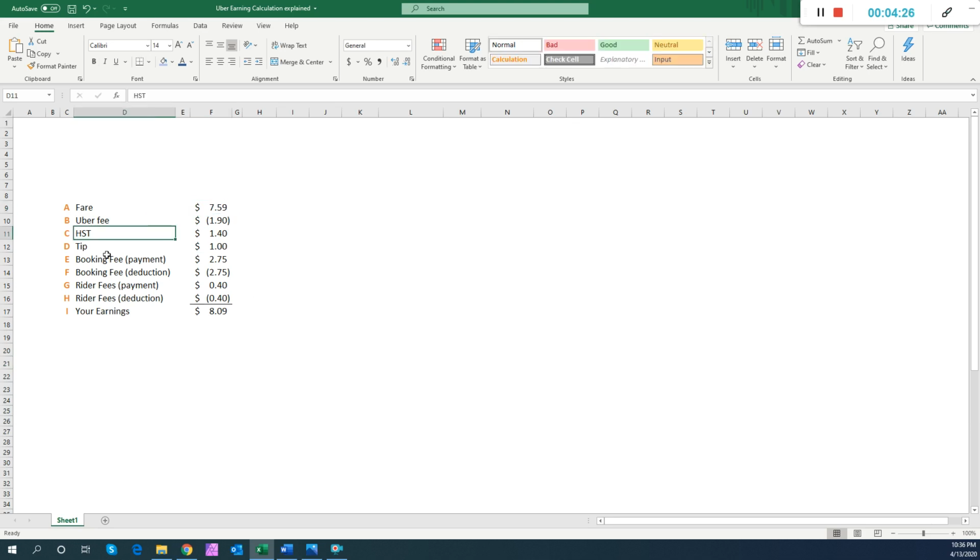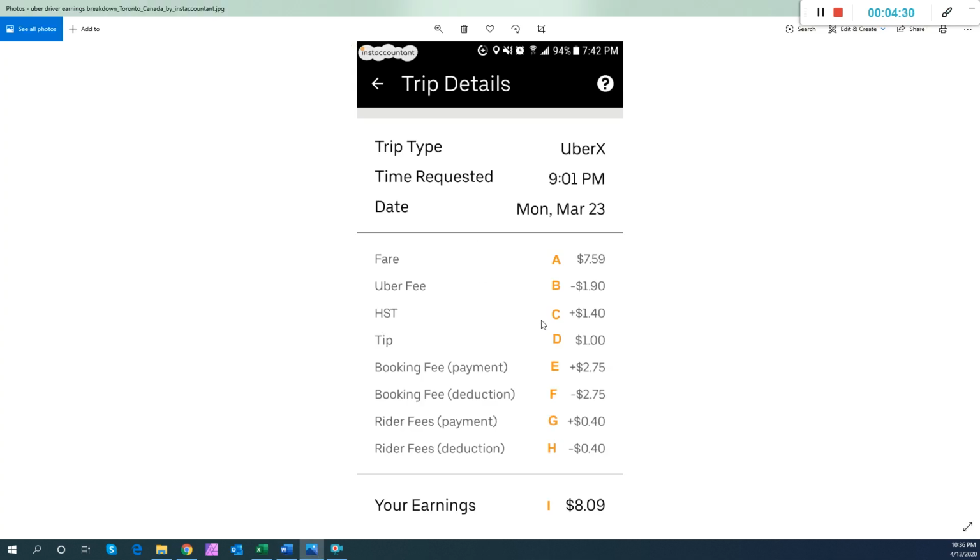The third amount, if I go back to my screenshot, is HST, labeled as C. So $1.40. This is a bit of a technical calculation. Let's see how this HST is calculated, because I've seen a lot of people are confused. How is this HST amount calculated? Because when they do the maths, it doesn't add up.